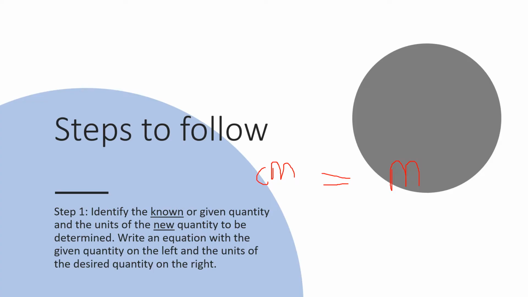In this case, our known quantity is centimeters, and then our new unit is meters. So centimeter should be written on the left side of the equal sign, while meter should be written on the right side of the equal sign. So basically, yung given quantity ilalagay natin sa left side, and then yung gusto nating makuhang quantity or na measurement ilalagay natin sa right side.